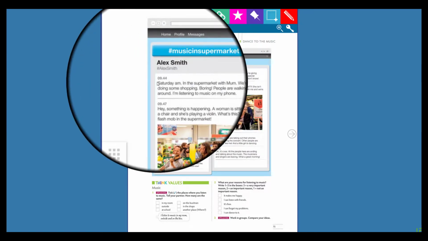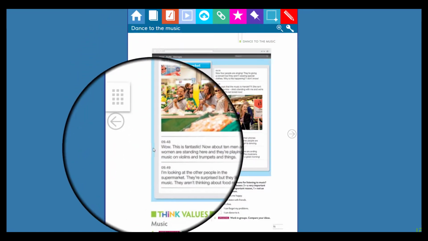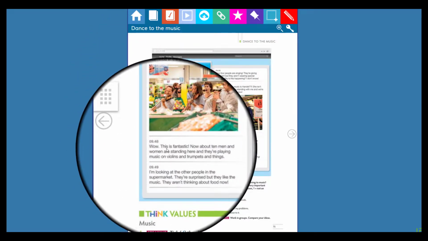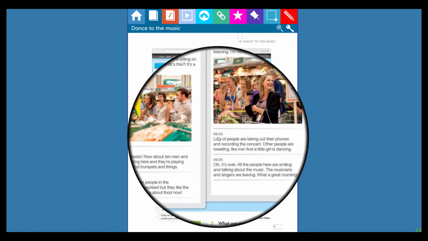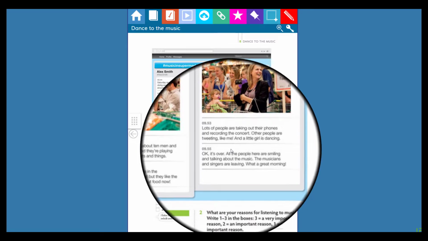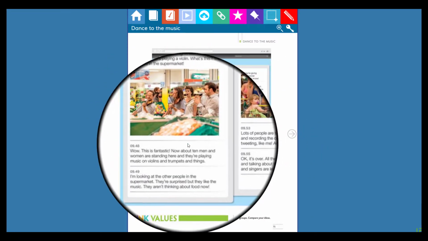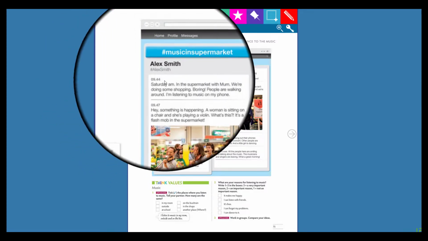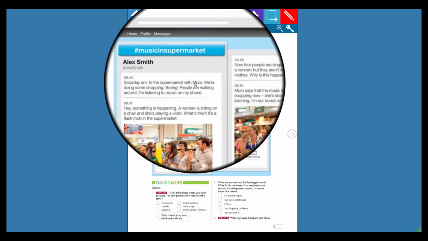And look at the times. 9:44, 9:47, 9:48, 9:49, 9:50, 9:51, 9:53, 9:55, okay? So let's start with the reading. 9:44, Saturday a.m. in the supermarket with mom.